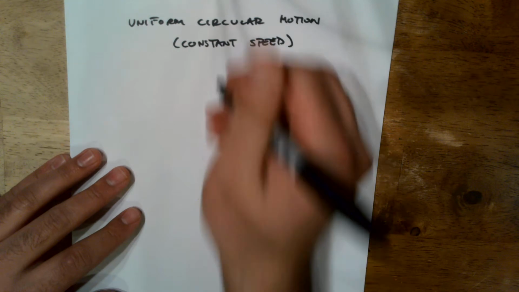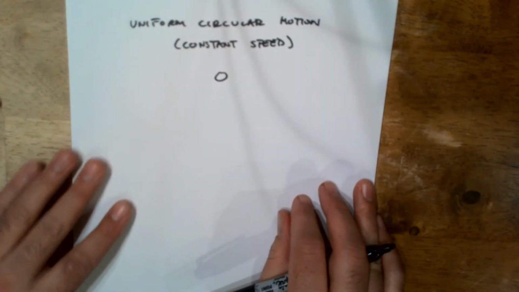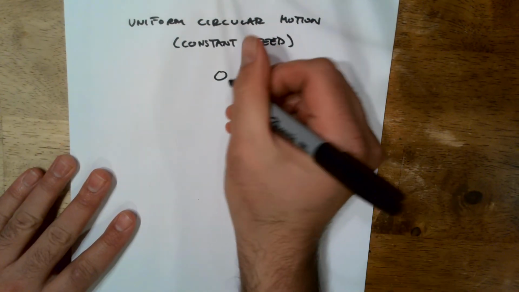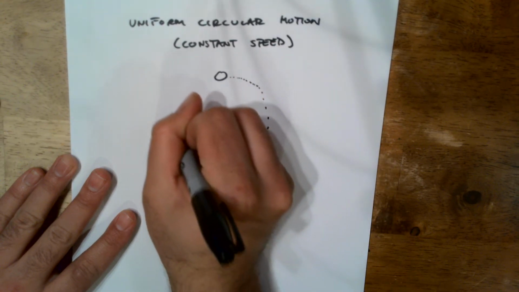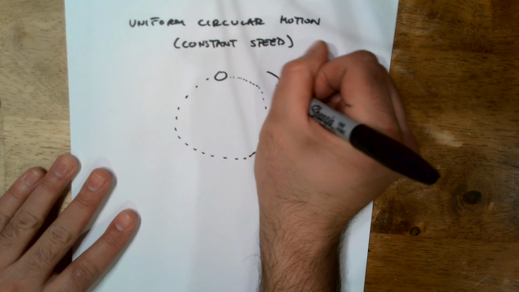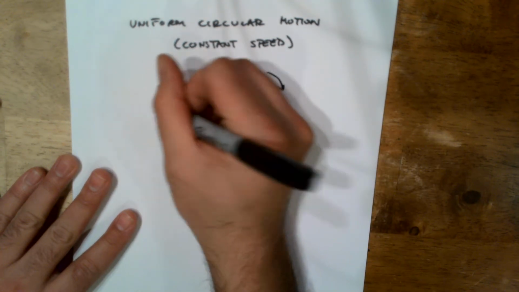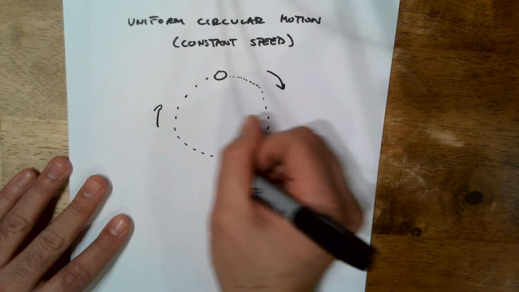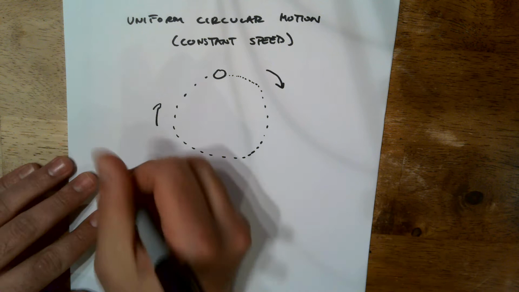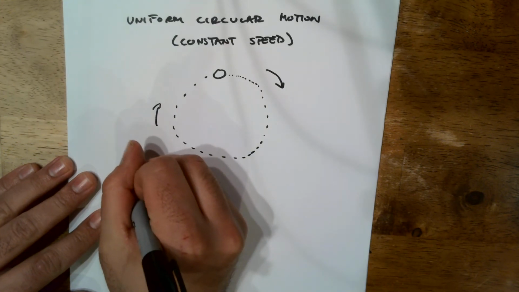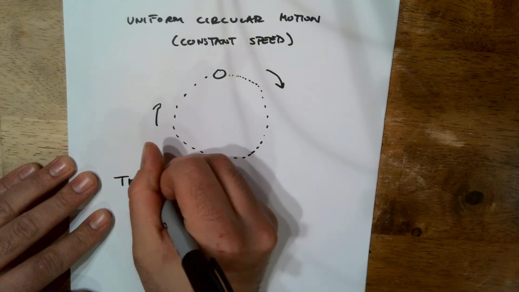Now, in terms of the path, if you were watching that object move in a circle, it was covering this path here, maybe going, in this case, clockwise, and it goes all the way around, and it takes a certain amount of time to do that. For us swinging around in a circle, it really didn't take all that long, but that time is called the period.